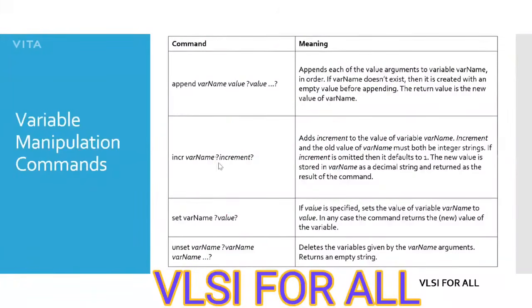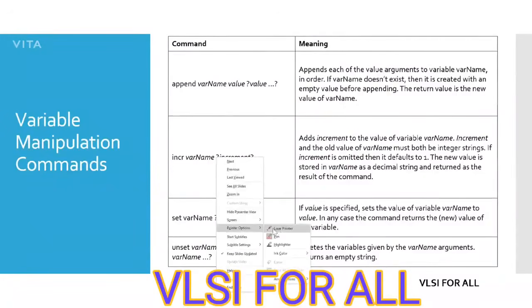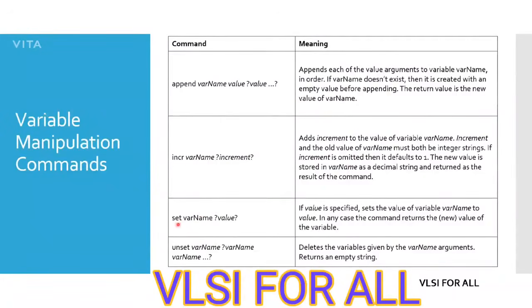Just to summarize. To set a variable, we use the set command, and this is the syntax it follows: command, variable name and value. To remove a variable, we have the unset command followed by any number of variable names, whichever you want to delete. It can be 1 or any number of variables. The incr command works on a variable which has an integer value.